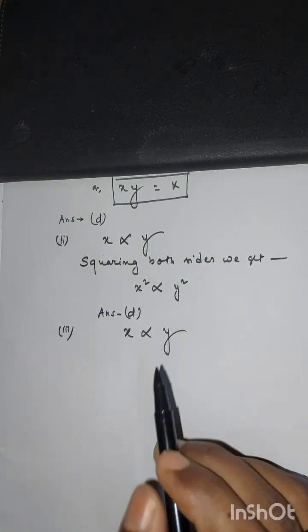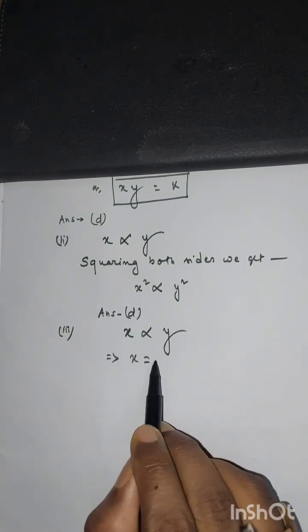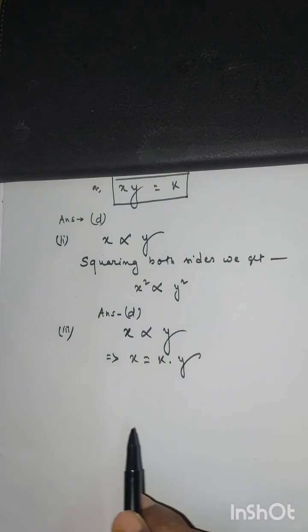X varies as y, so we can write x equal to k into y.